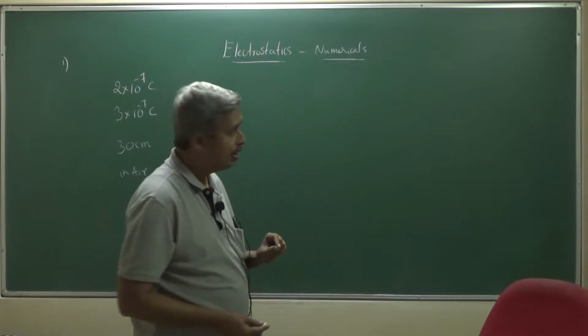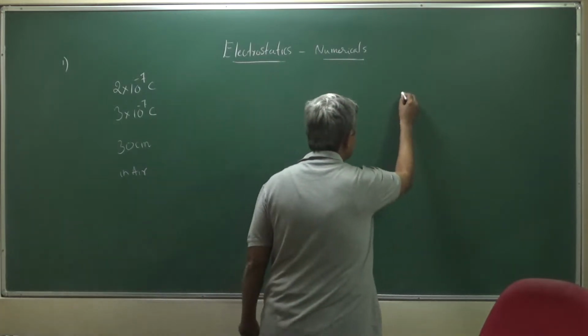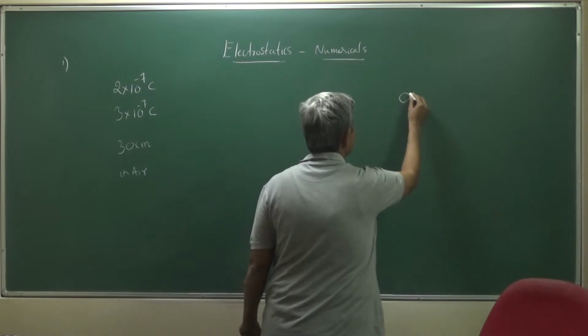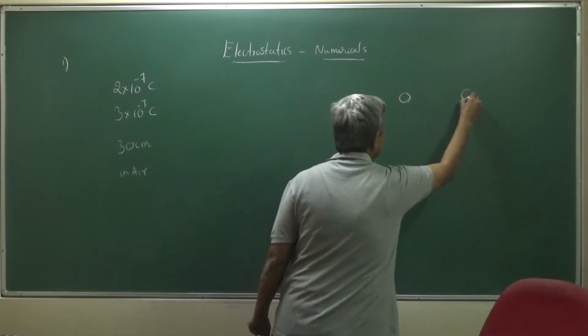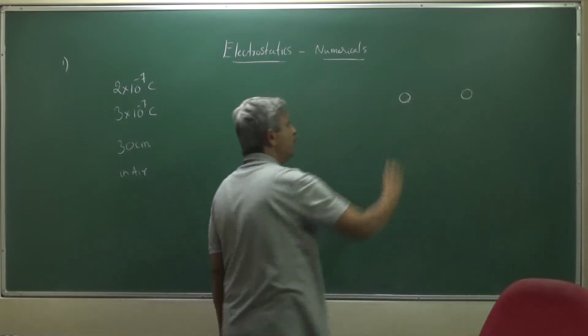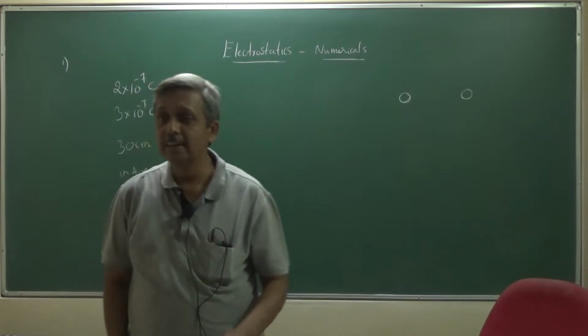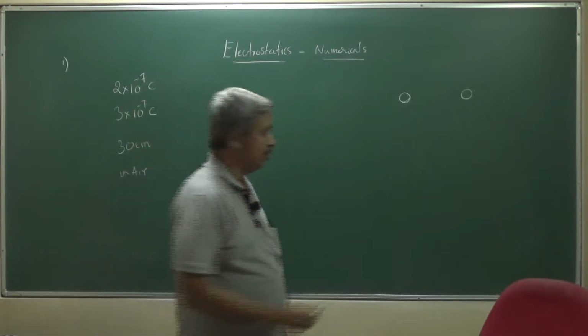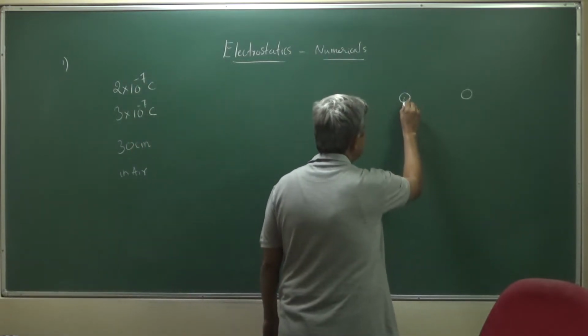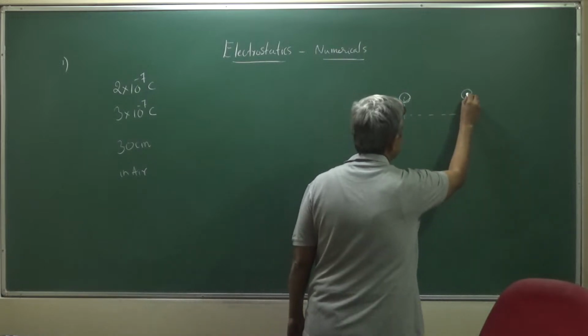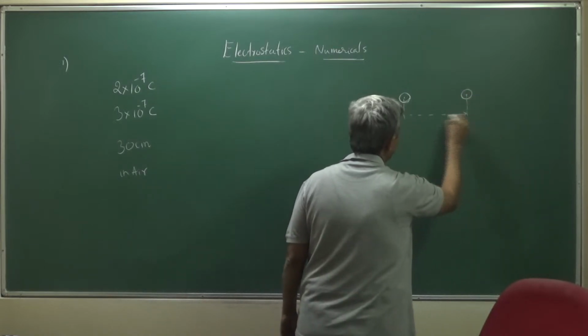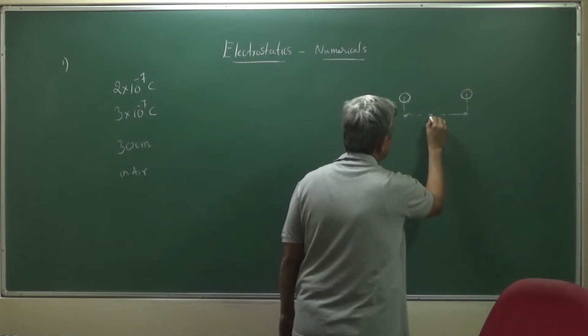The diagram here is there are two small spheres. Understand that they are small spheres, not big ones. Why are they saying small sphere? Because the distance between them is taken as 30 centimeters from center to center. Generally, whenever they give distance between two, they give it from center to center. This is 30.